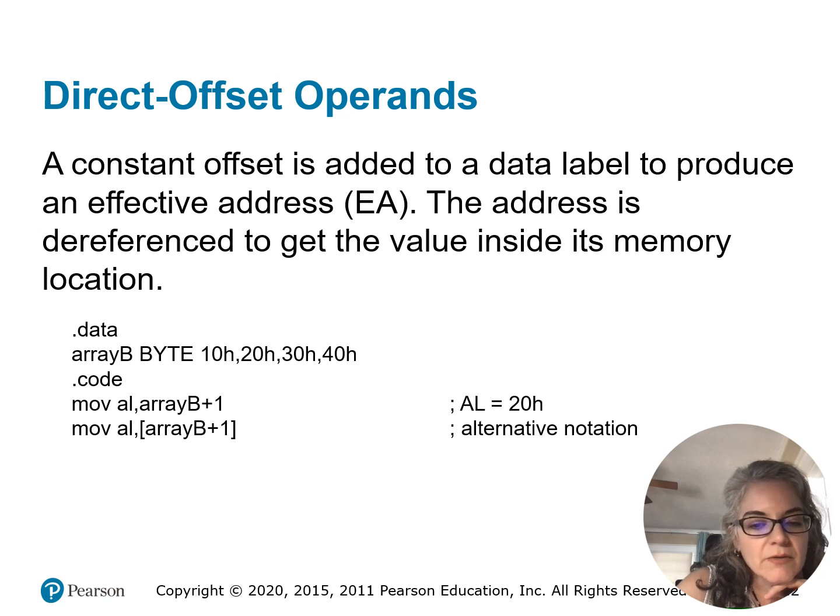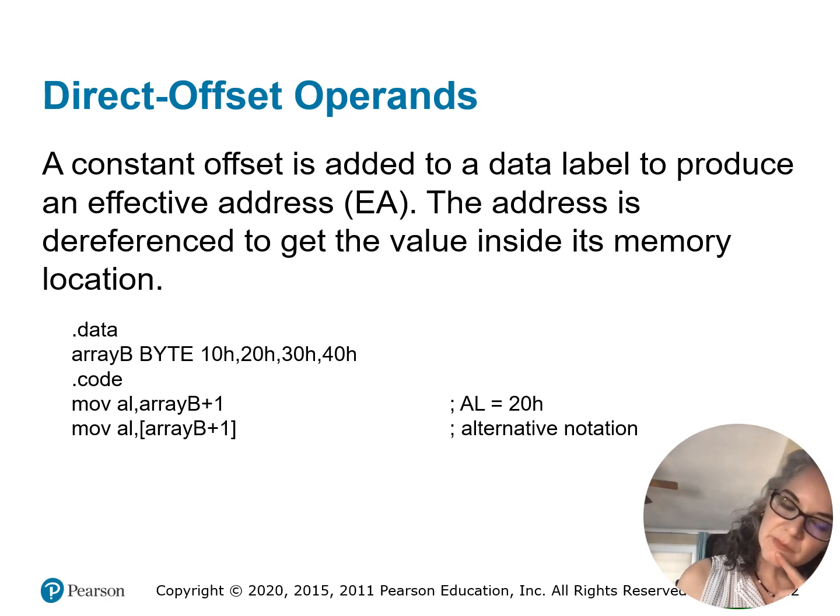An effective address just means an address that gets you to some data. So this will get you the address where 20H lives. And arrayB plus 2 will give you the address of where 30 hexadecimal lives in memory.